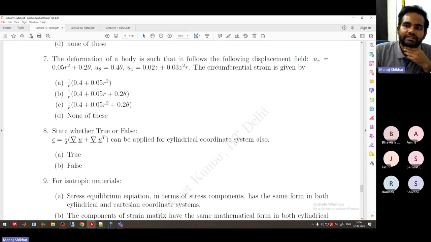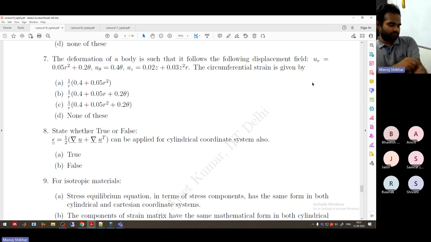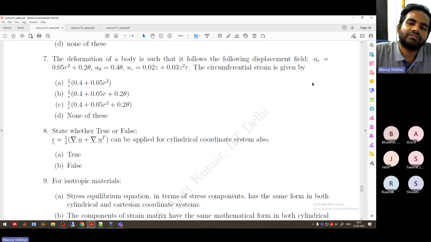The deformation of a body is such that it follows the following displacement field: Ur equal to 0.5 r square plus 0.2 theta, u theta equal to 0.4 r theta, and uz equal to 0.02 plus 0.03 z square theta. What is the circumferential strain? Though they have asked about circumferential strain, let's find the other strains also, just for the sake of practice.